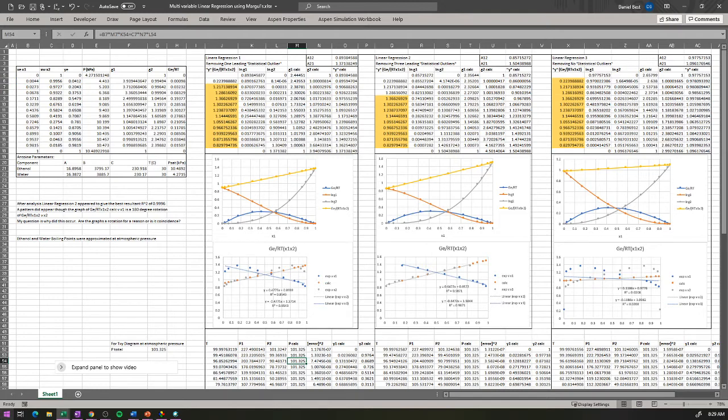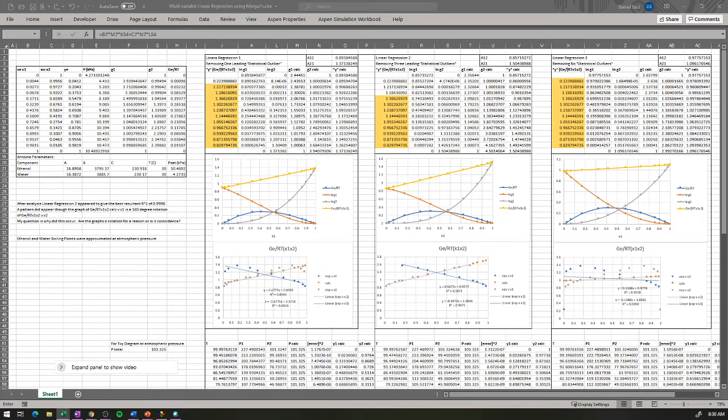Since we're using the regression data, we're trying to model. So we're going to use the recalculated gammas. So this gamma 1, okay, times the psat 1. So x1 gamma 1 psat 1 plus the x2 times the gamma 2, and that's the wrong thing.